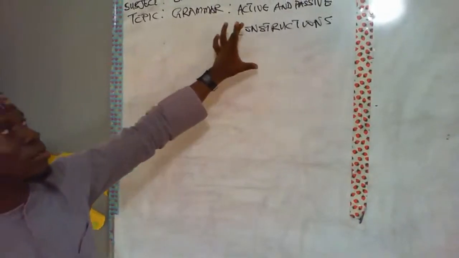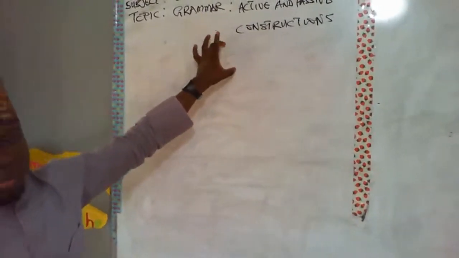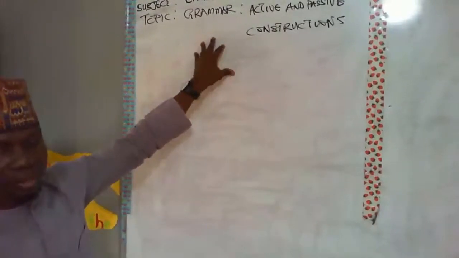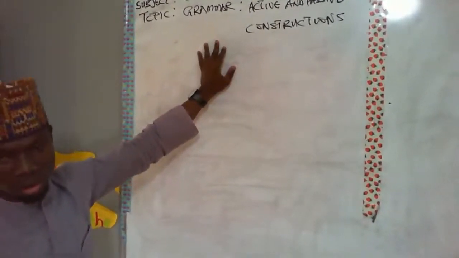Active voice is a voice or sentence that is telling us about what something or someone does.